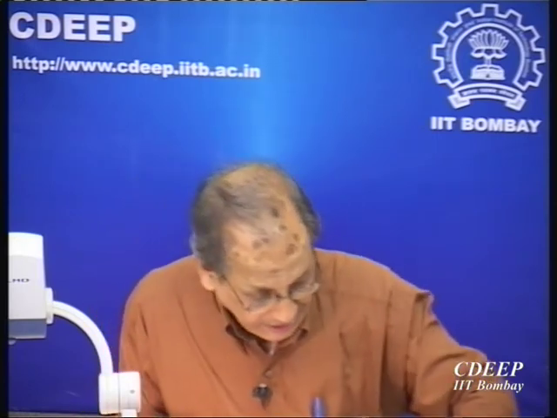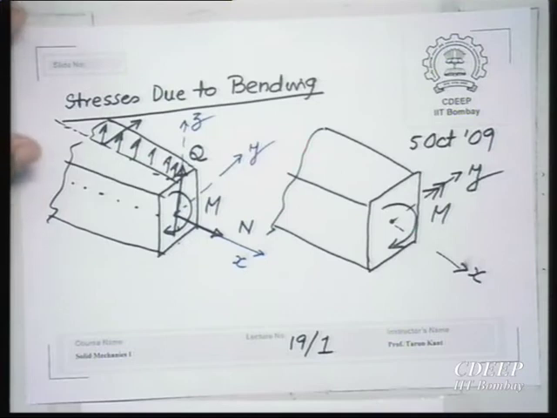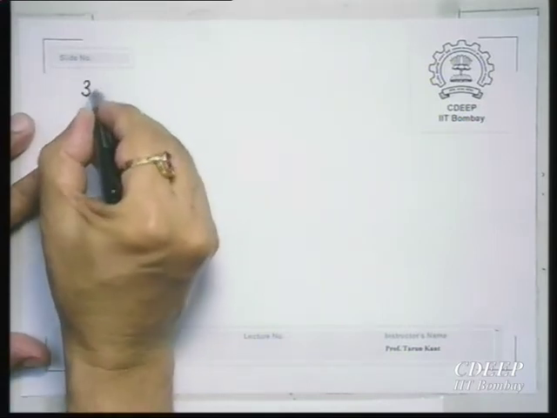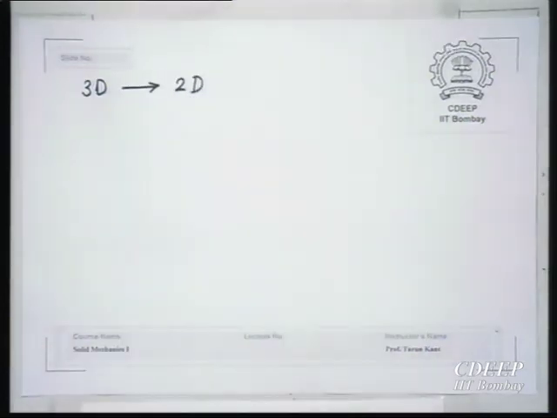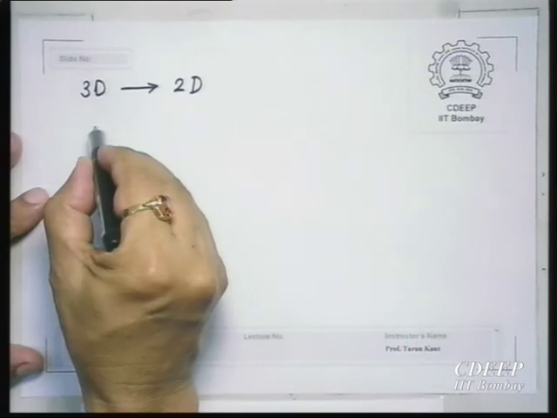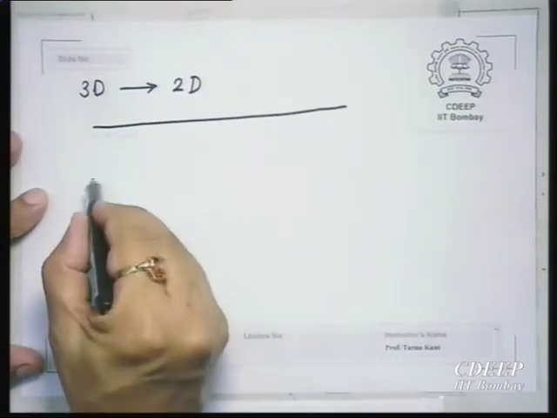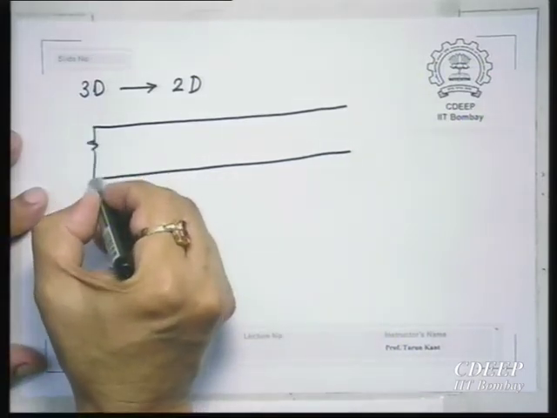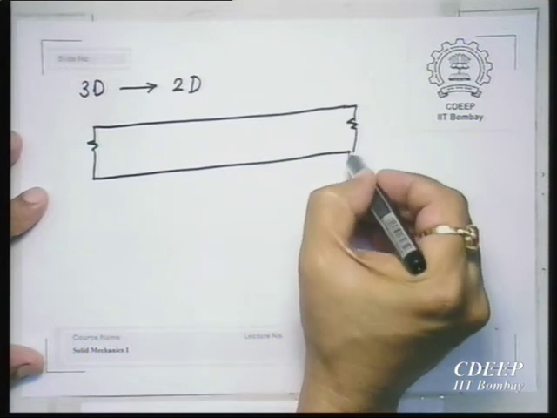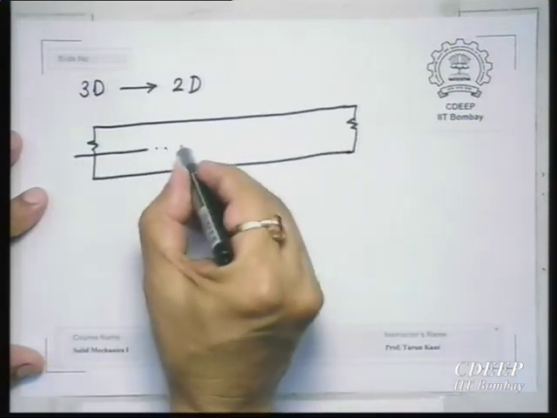pure bending. Now what kind of problem is this? When you have loading in the xz plane, can we do some simplification to the three-dimensional problem? The three-dimensional problem gets reduced to two-dimensional, and we find that this is the plane of symmetry, this is the x-axis.